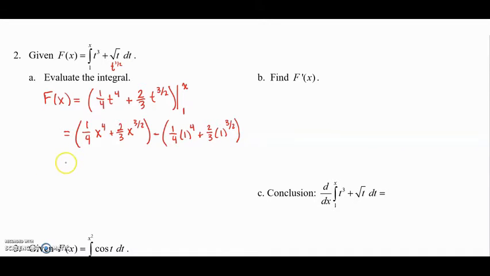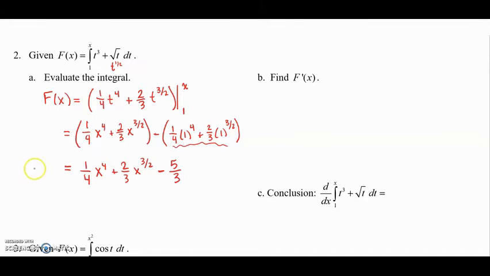As I simplify this, I've got 1/4 x to the fourth plus 2/3 x to the 3/2. And now at least this part is not 0. There is an actual value there. So that would be 1/4 plus 2/3, but that's minus, so let's do the fractions. That's minus 11/12. So there's not a 0 at the end.